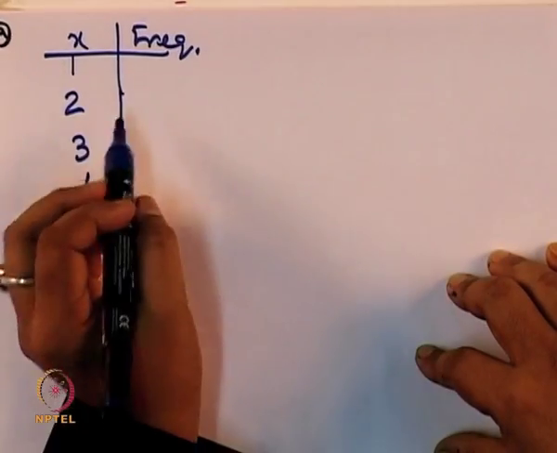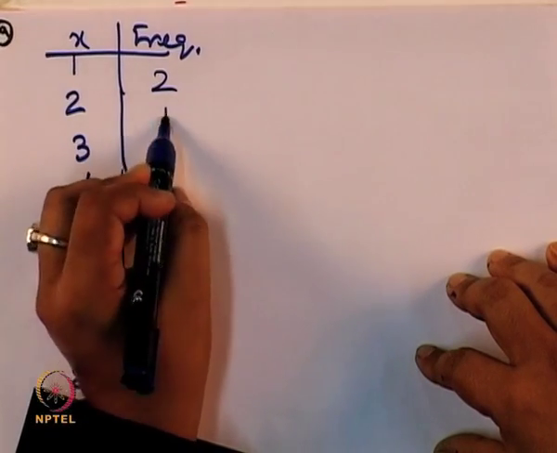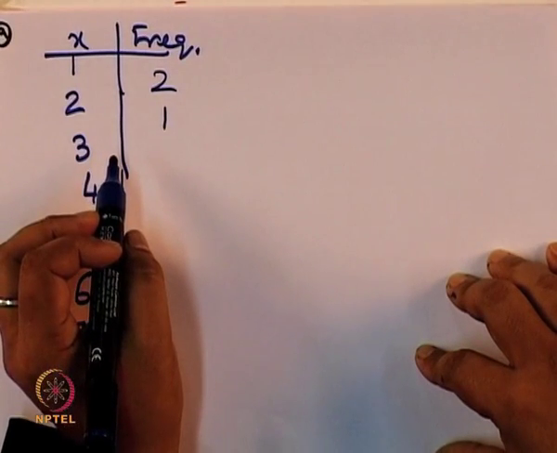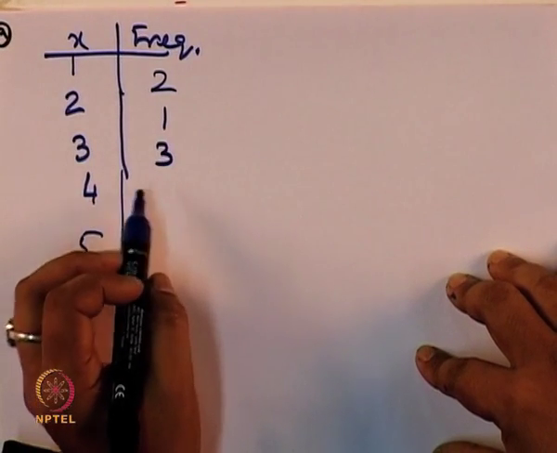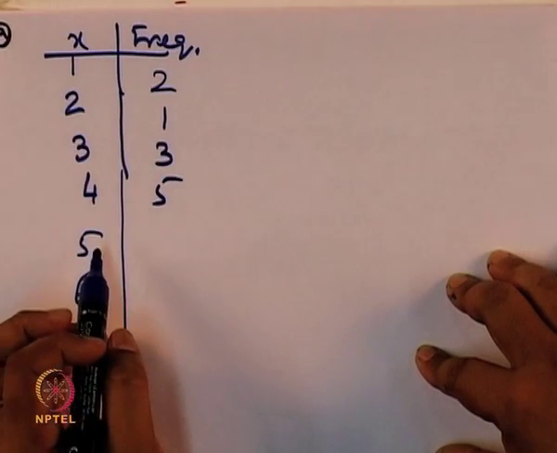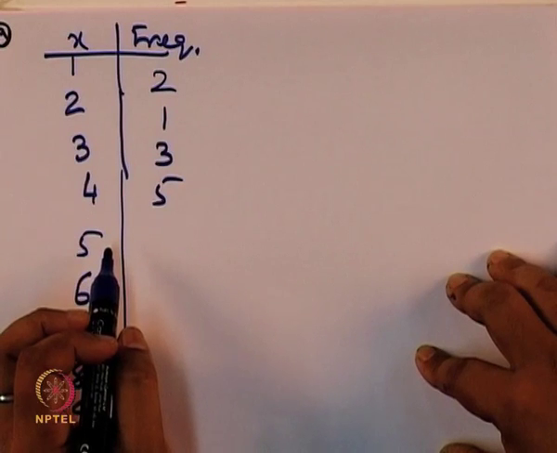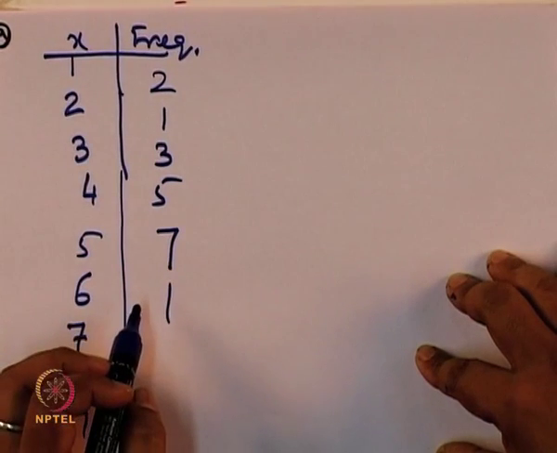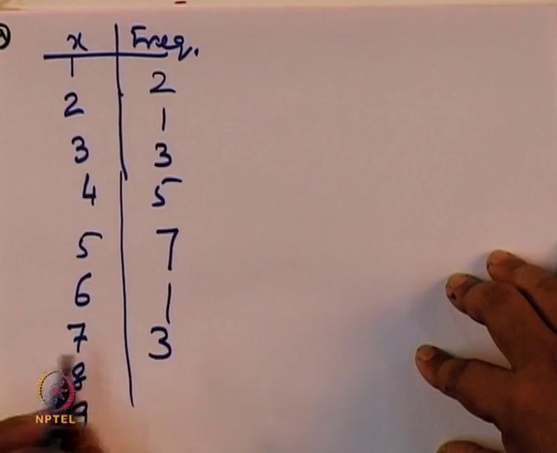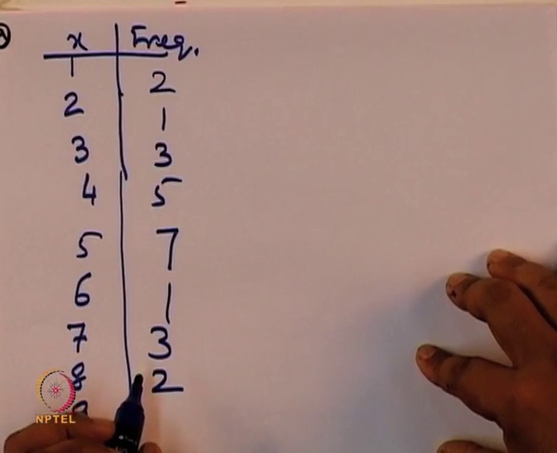So, frequency for 1 is 2, frequency for 2 is 1, frequency for 3 is 3, frequency for 4 is 5, frequency for 5 is 7, frequency for 6 is 1, frequency for 7 is 3, frequency for 8 is 2, frequency for 9 is 1.